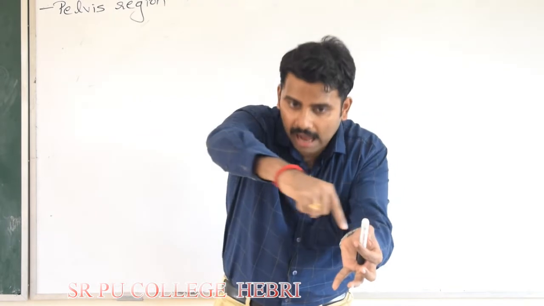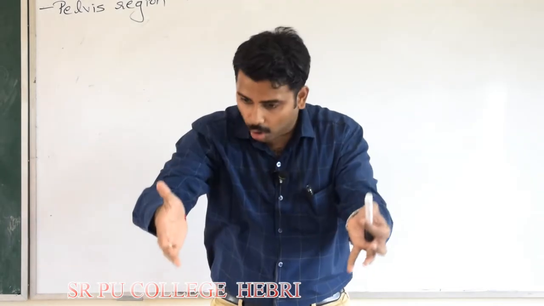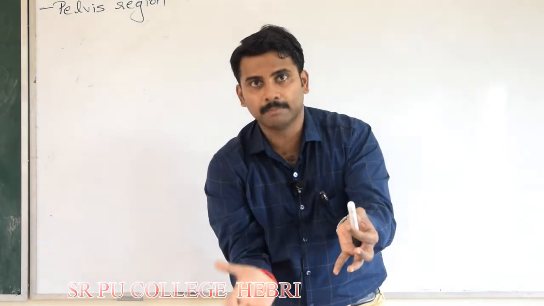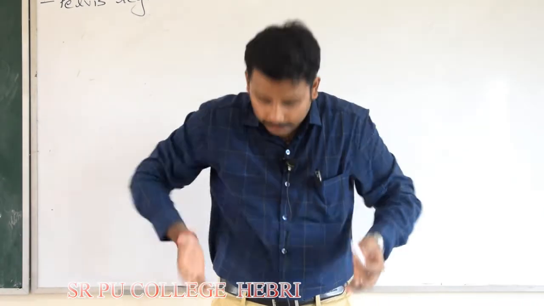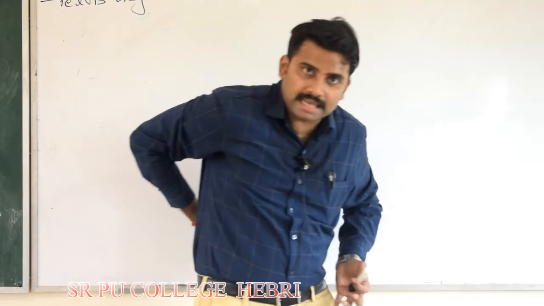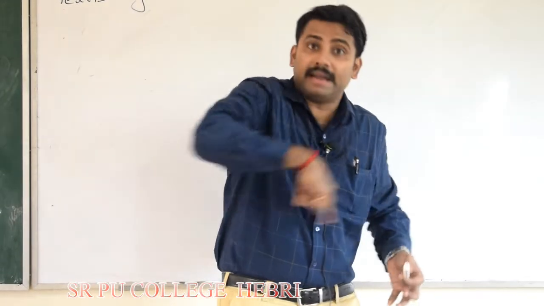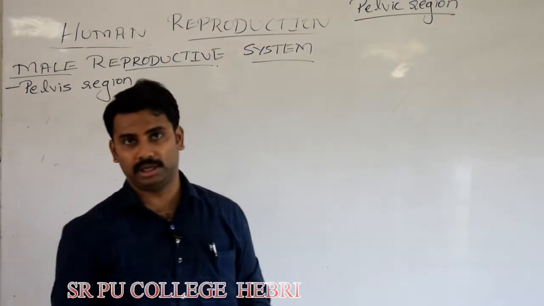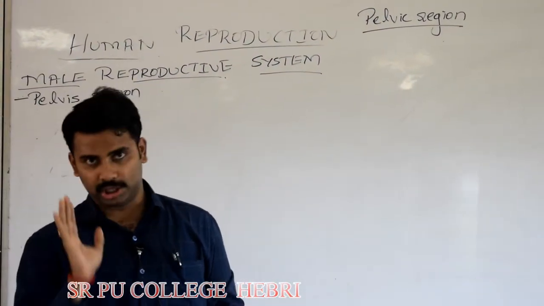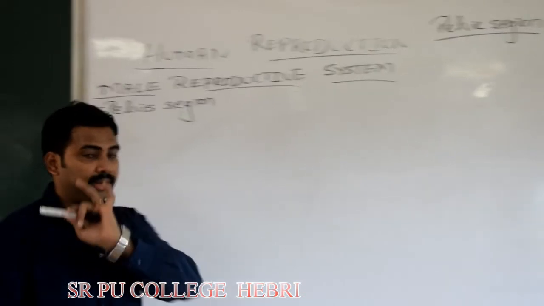The area encircled by the coxal bones, sacrum and coccyx, that entire area is called the pelvic cavity or pelvic region. Is that clear? A little difference can be seen.